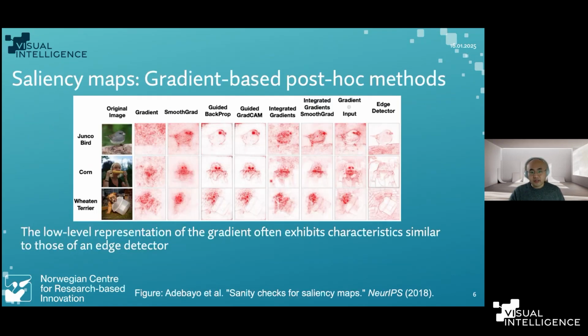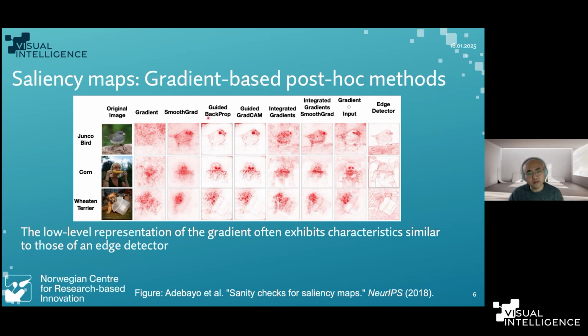Based on this, there are many different post-hoc methods. I just brought a figure showing some of them, all gradient based. These are the original inputs and the corresponding classes. When we simply visualize the gradient, it's very foggy and cloudy, and I don't even know what it is.